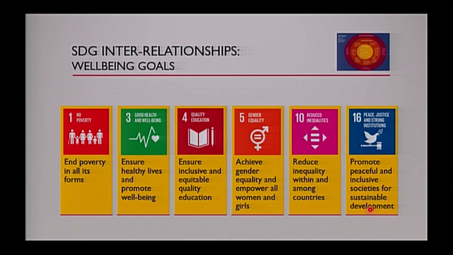And you can see that across those well-being goals, having quality education, for example, is very much related to gender equality, and also very much related to having peace, justice, and strong institutions. However, we need to create separate goals so that we can have targets to aspire to, and this is why they have been separated out into these thematic areas.